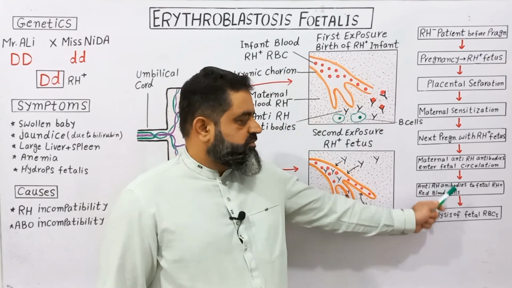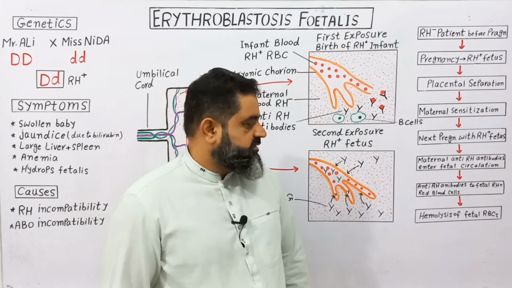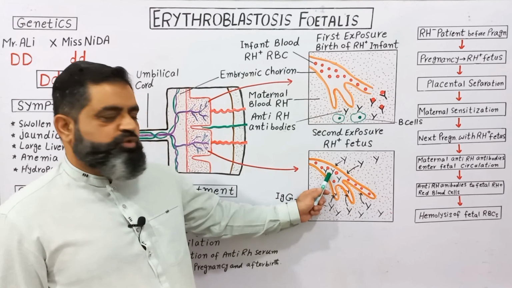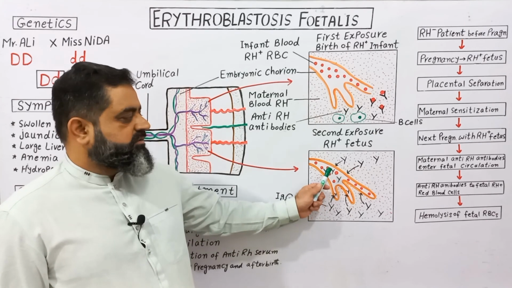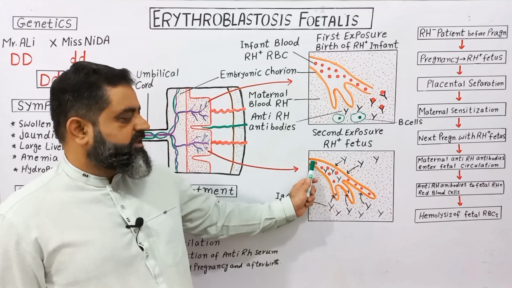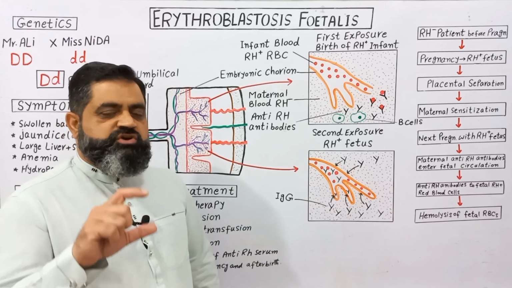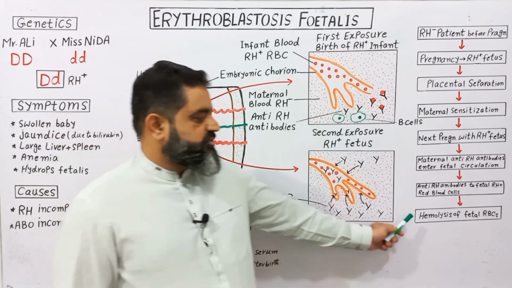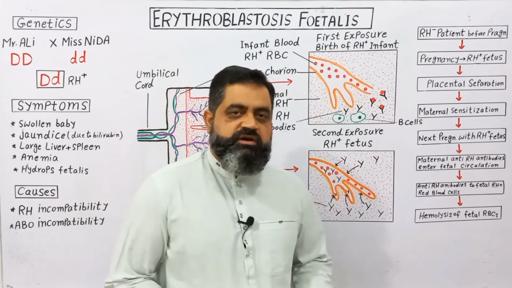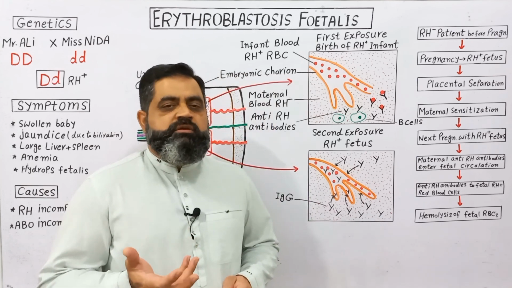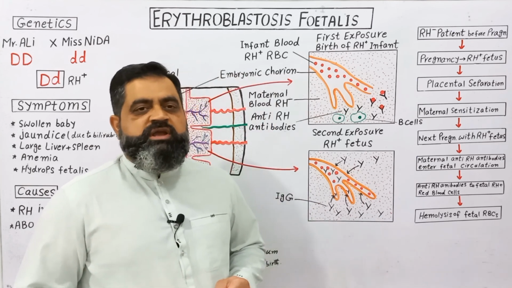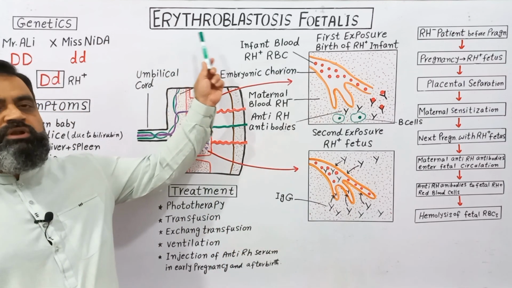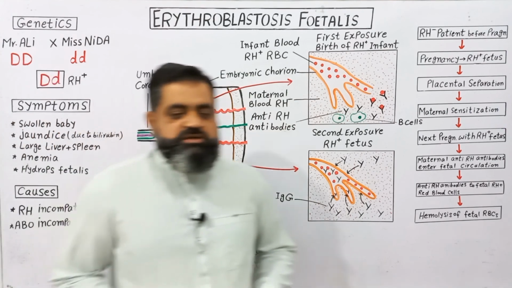These anti-Rh antibodies attack the fetal Rh positive red blood cells, and destruction of red blood cells takes place inside the fetus, which is also known as hemolysis of fetal RBCs. Hemo means blood, lysis means breakdown, and as a result a condition is produced which is known as erythroblastosis fetalis.